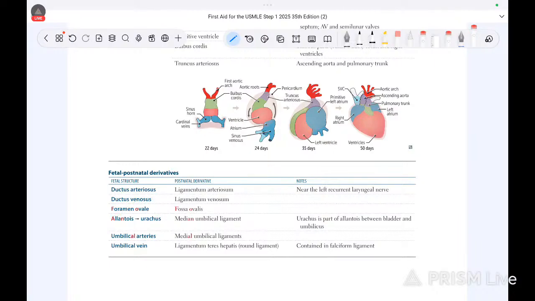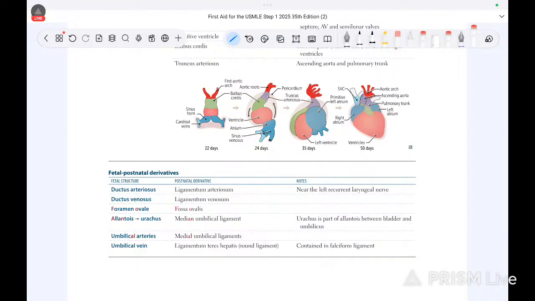The umbilical arteries form the medial umbilical ligament. There is a difference: this is median and this is medial. Umbilical is medial, allantois is median. The umbilical vein in turn gives rise to the ligamentum teres hepatis, that is the round ligament.